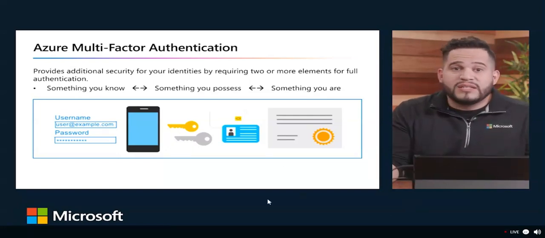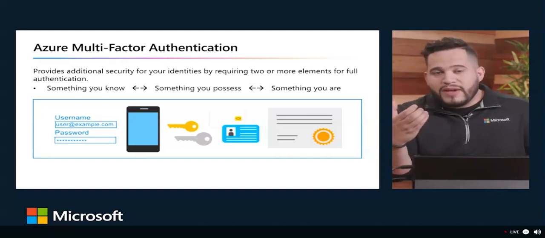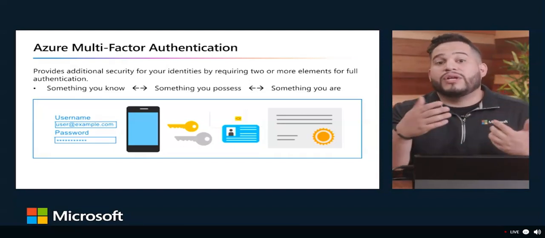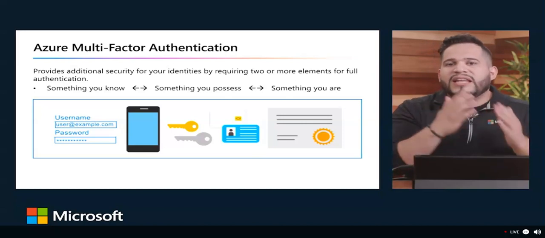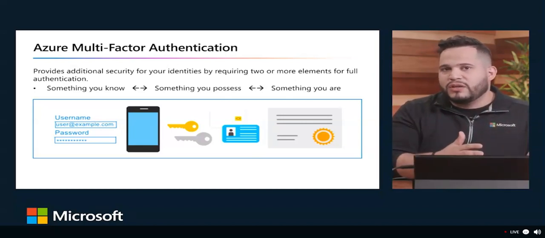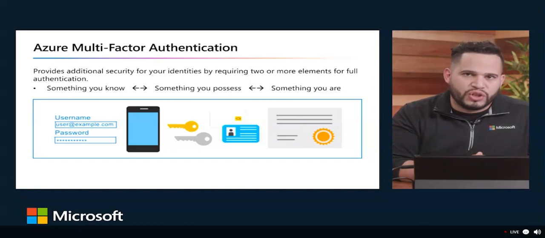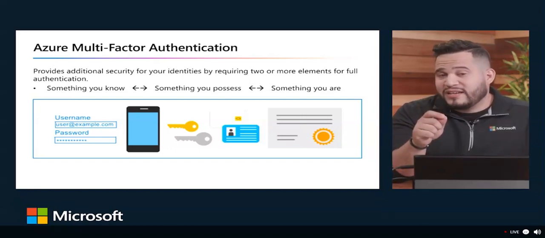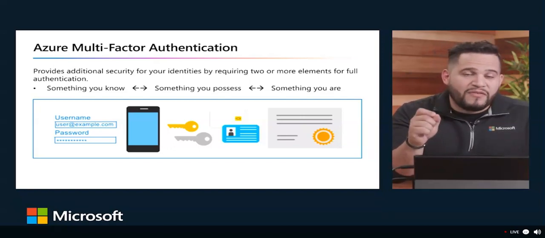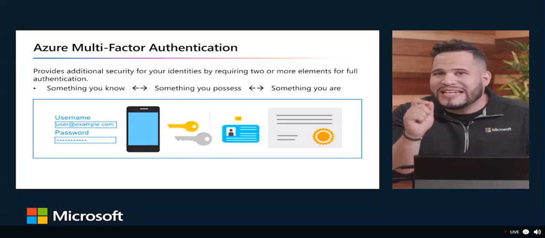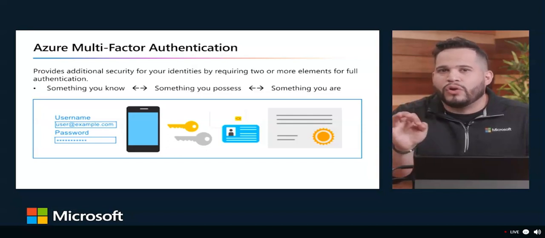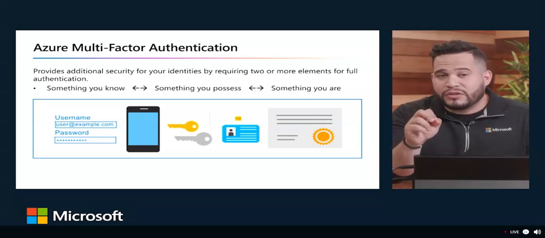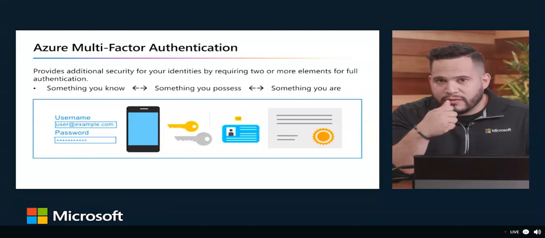Now, another example is, yes, I was able to scan in with my face, but I still need to enter a password as well. Leveraging multiple forms of authentication can actually make your environment more secure. And there's a great statistic that says that using MFA versus a traditional password makes your environment 99.9% more secure. And inside of Azure, we have the ability to leverage multi-factor authentication with Azure Active Directory.